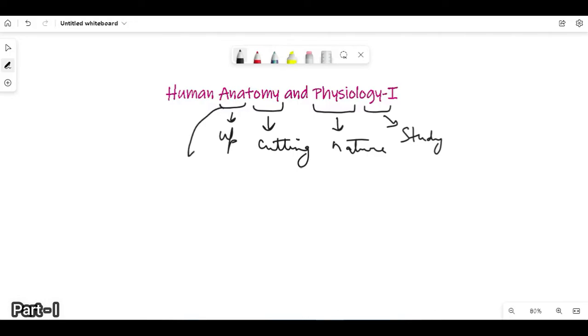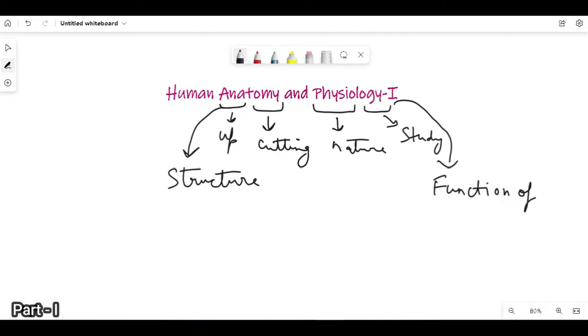In a simple way we can say that anatomy is the study of the structure, and physiology is the study of the function of structure.